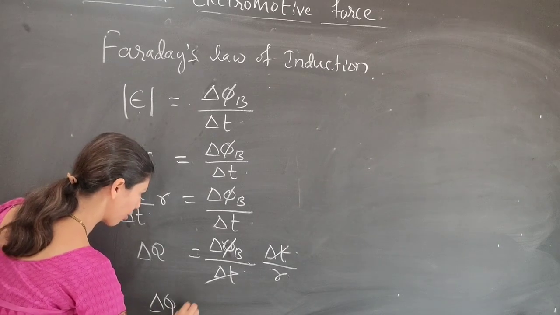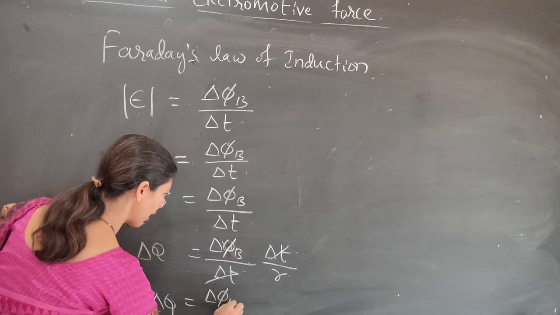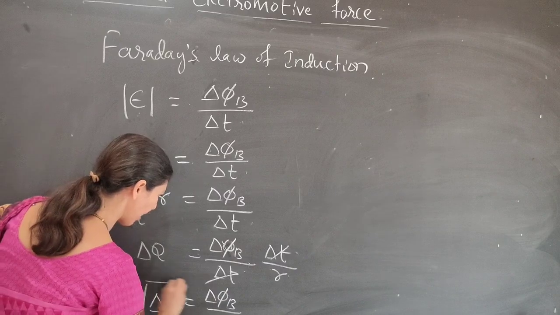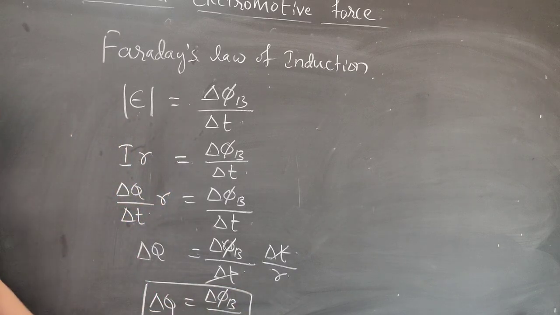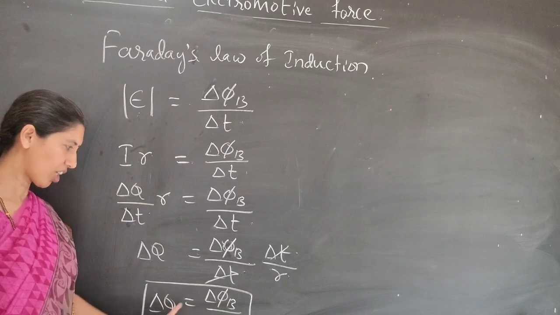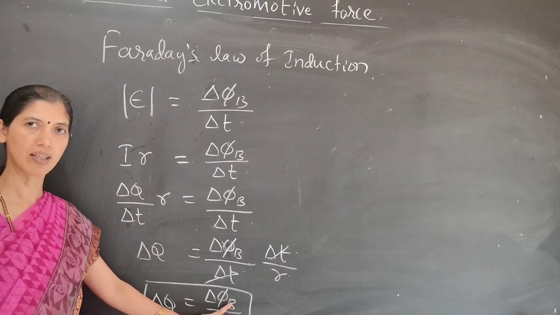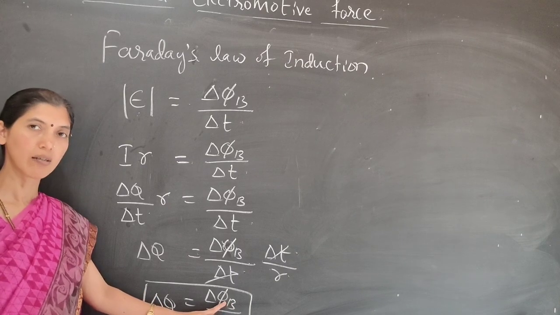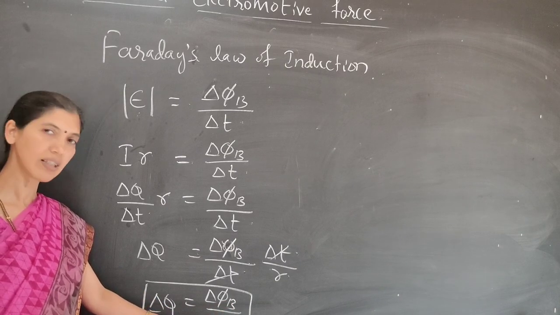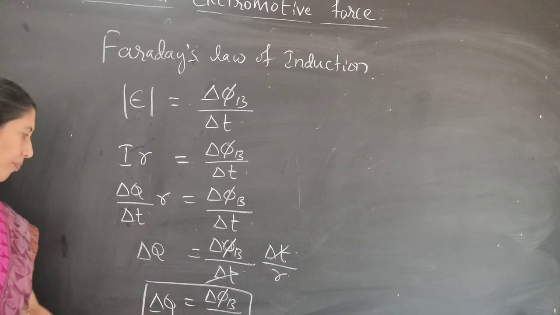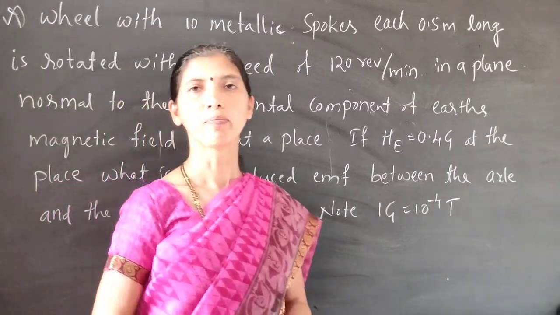So delta q is equal to delta phi B divided by R, the relation between the charge and the magnetic flux, where phi B is the magnetic flux and R is the resistance.